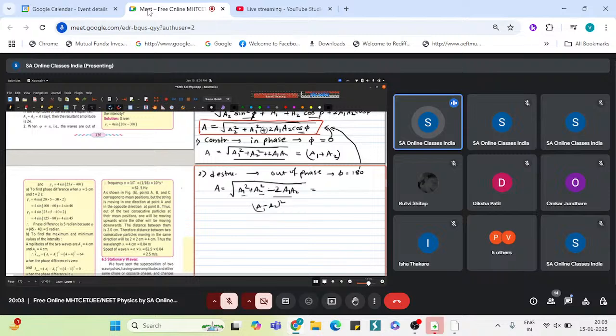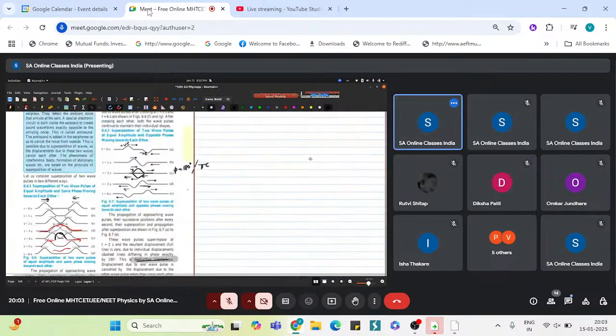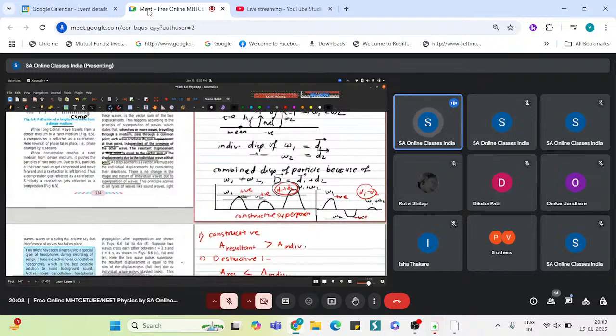Then the square root will be taken, and this is just going to be the mod of a1 minus a2, because the square root will always give you positive values. So this is what I had mentioned here, which is that the resultant amplitude will be the difference of individual magnitudes.